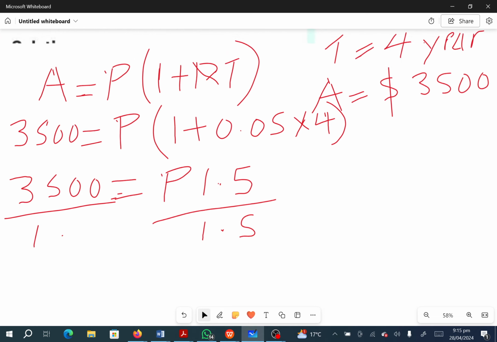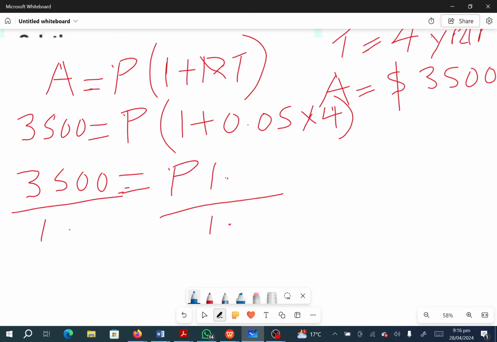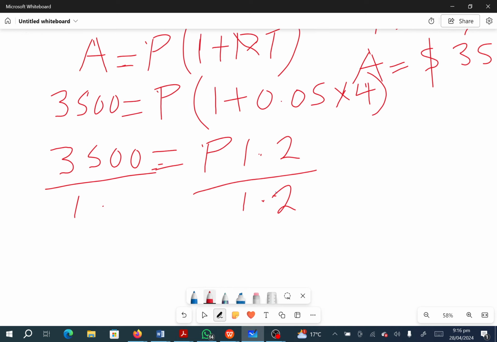It's giving you 1.2. Let's be calculating as I tell you to calculate, so that we move together. My calculator was in radians, it's back in degrees. So we say 1.2.